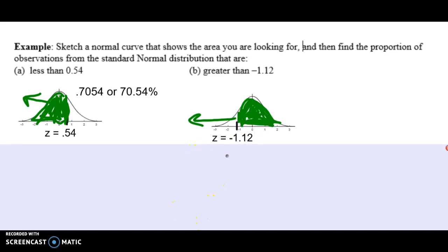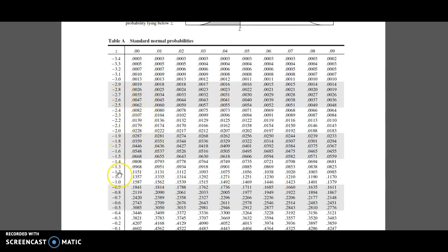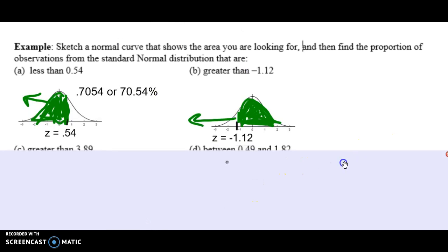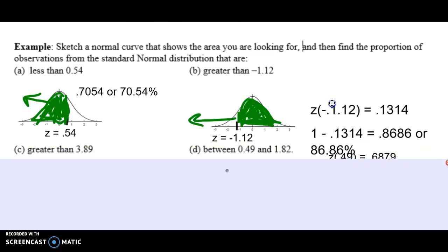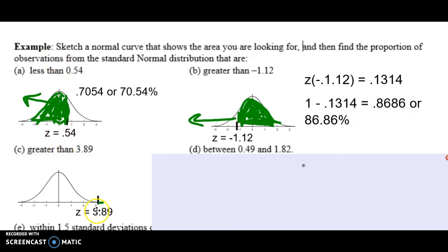So we go to the negative z-score table, negative 1.12 would be a value of 0.1314. And that is going to give us a percent when we subtract it from 1 of 0.8686 or 86.86%.